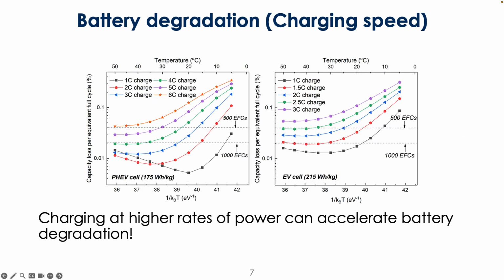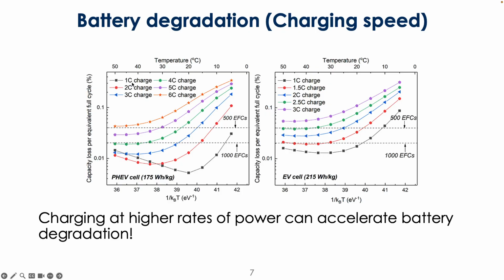And the last one that I'll talk about is charging speed. The faster that you charge your battery, the more you're stressing out the battery. This particular plot is showing the differences in degradation. The y-axis is essentially the percentage of capacity loss in a full cycle if you're charging at different speeds.